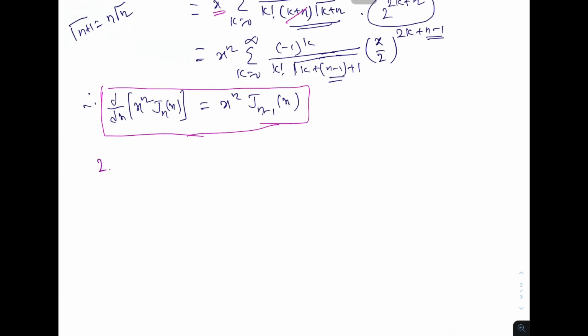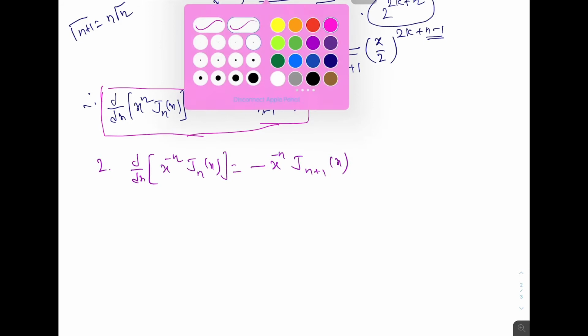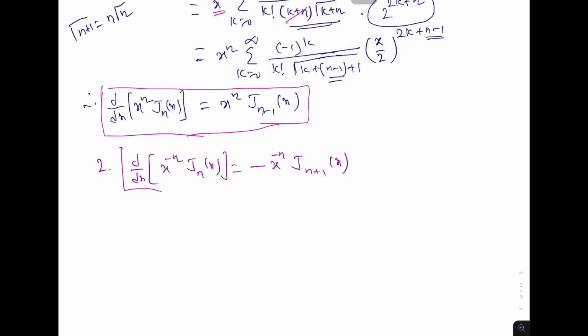Now another property I give you as homework, that d by dx of x power minus n Jnx is minus x power minus n J n plus 1 x. You can prove it, it's not difficult. Again the same way.